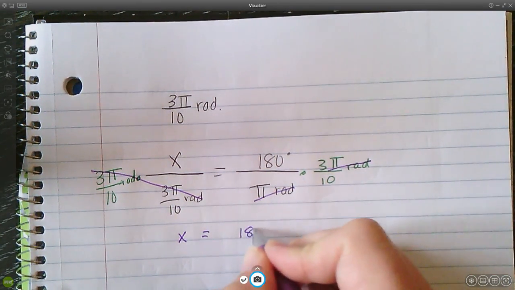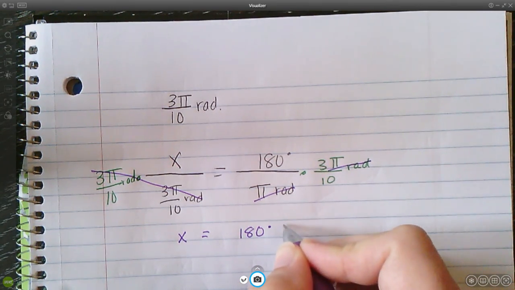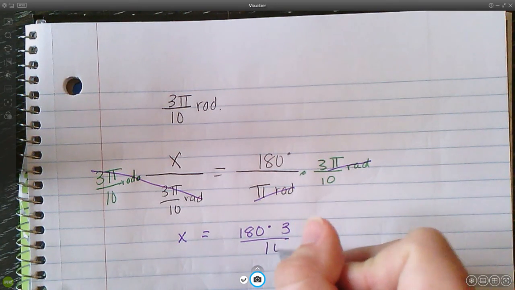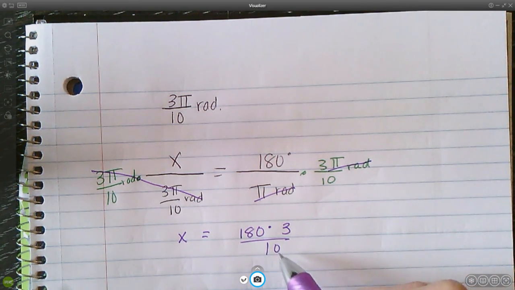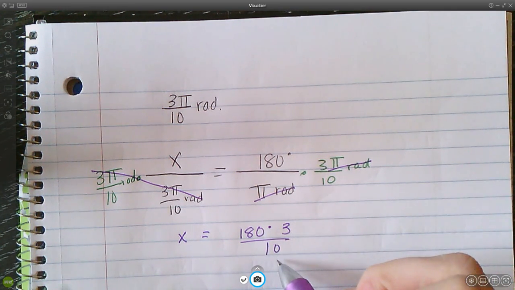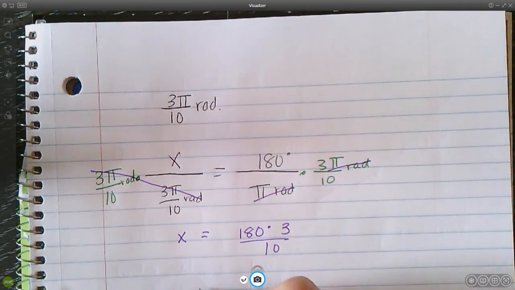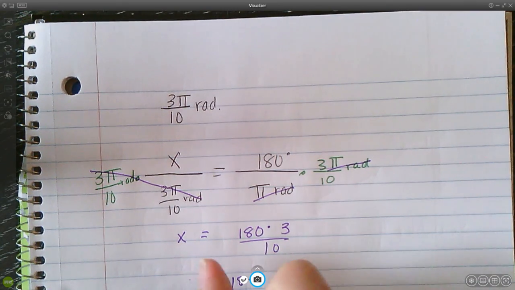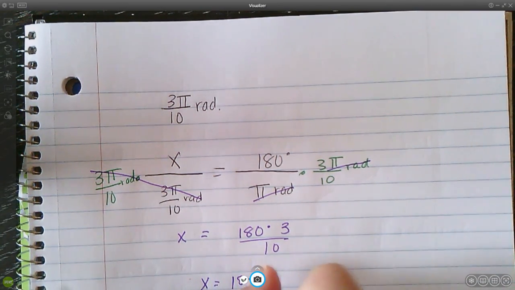So I'm left with 180 times 3 over 10. 3 over 10 doesn't simplify, but 180 over 10 does. If I divide 180 over 10, I get 18. So this is going to be x equals 18 times 3, and 18 times 3 is 54. So x equals 54 degrees.